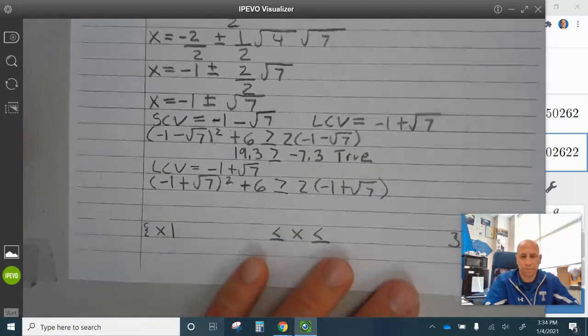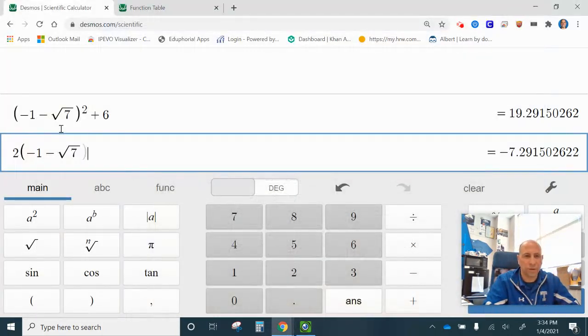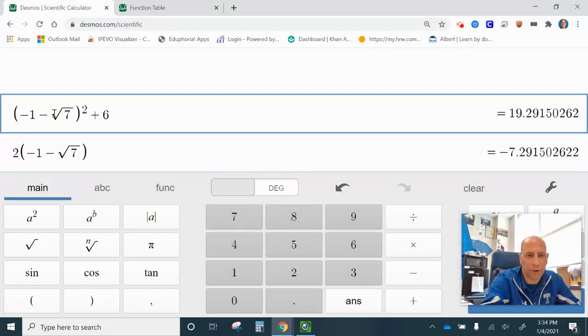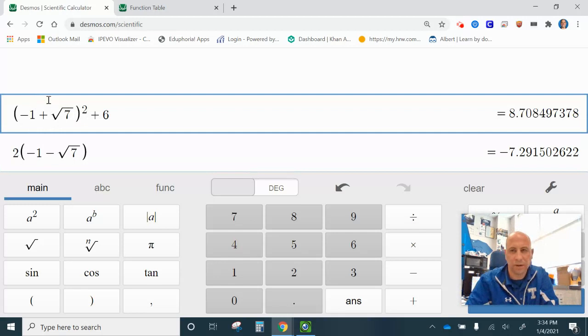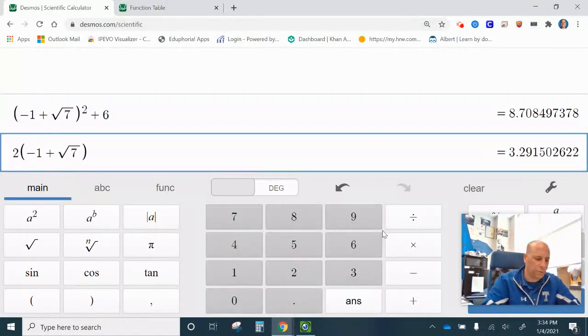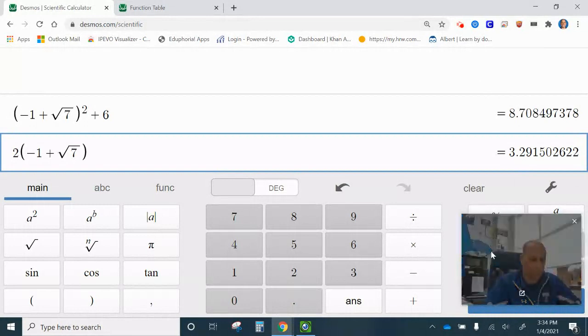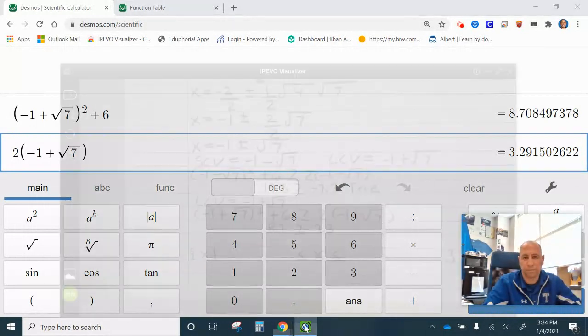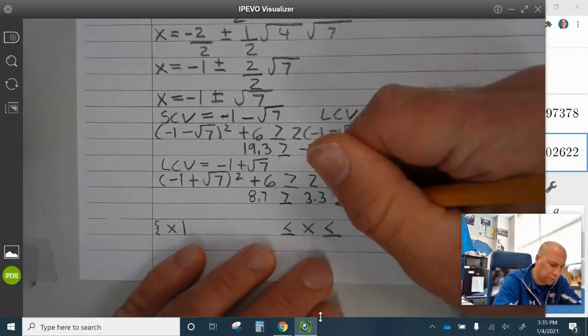And so really, all I have to do is come over here and change this to a plus sign and this to a plus sign. And we see that we have 8.7, which is greater than or equal to 3.3. Okay, that's true.